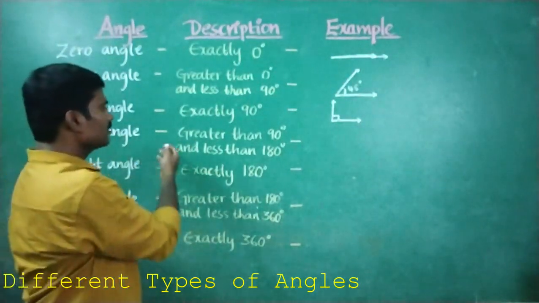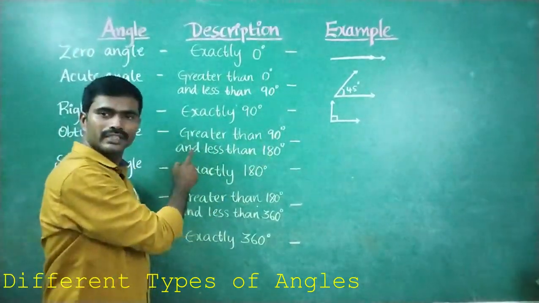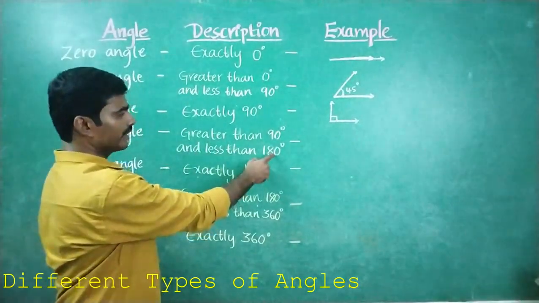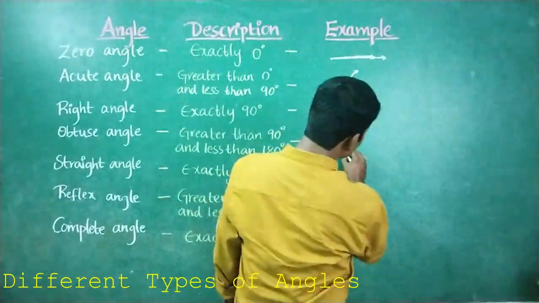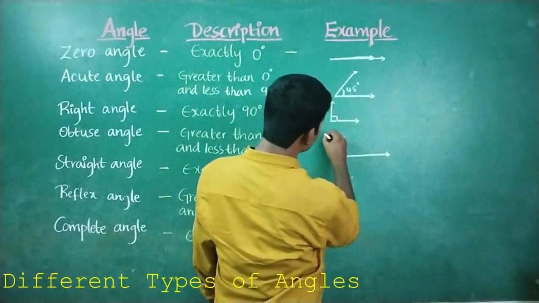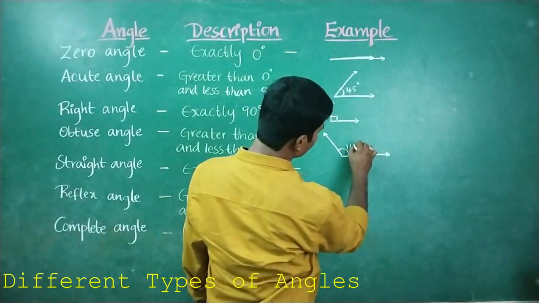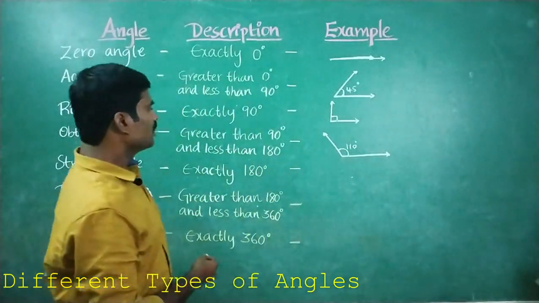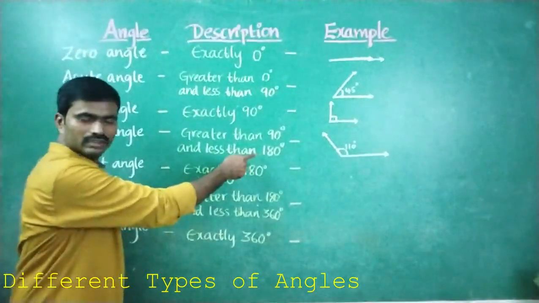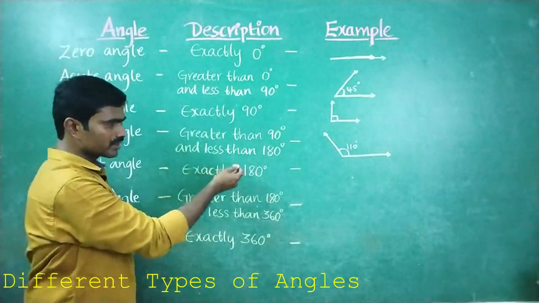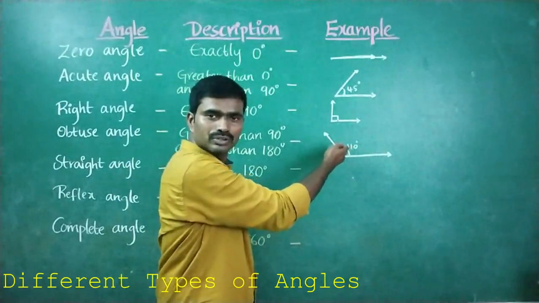An angle which is greater than 90 degrees and less than 180 degrees, that type of angle is an obtuse angle. Suppose this angle is 110 degrees, so this angle is an obtuse angle.